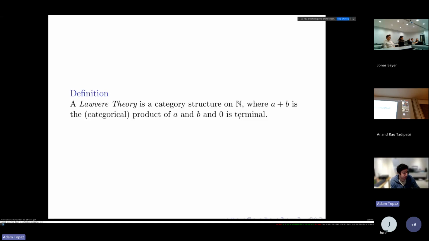I could have repeated the same definition with the notion of a free ring, for example, and obtained a Lawvere theory which corresponds to the notion of a ring. Similarly, I could have started with the notion of a monoid, or any structure that appears in universal algebra with one sort.